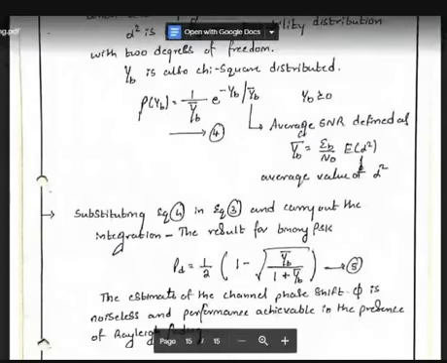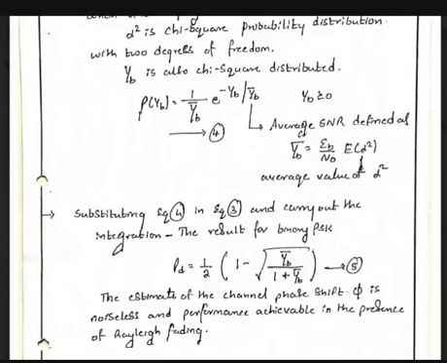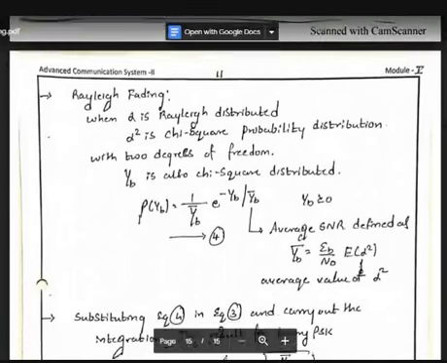This is how the average signal to noise ratio is defined, as in equation number 4: the signal is Eb, the noise is N0, and the expectation of alpha squared, a chi-square distribution.